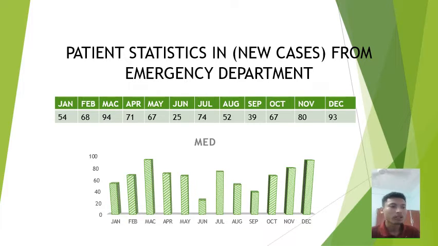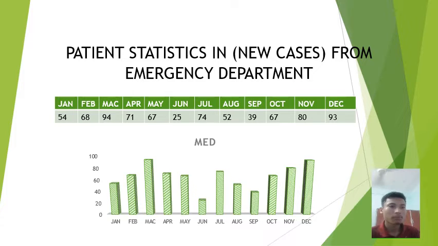Meanwhile, the x-axis represents the month of the year in 2021. Next, the total of patient in January is 54, and it increased until March with 94 patients, which is the highest statistic in 2021.